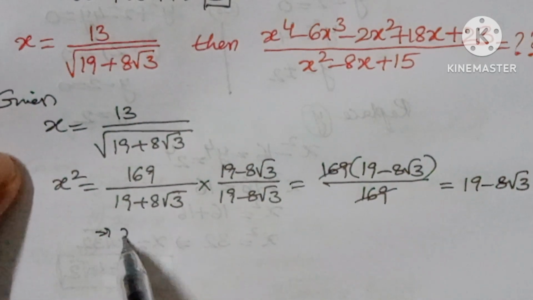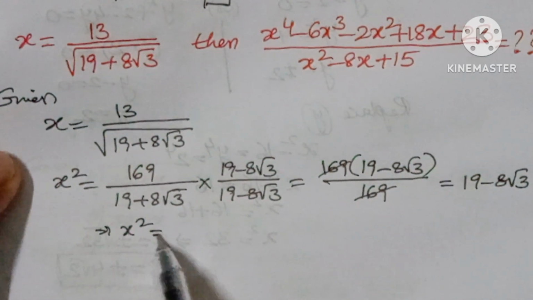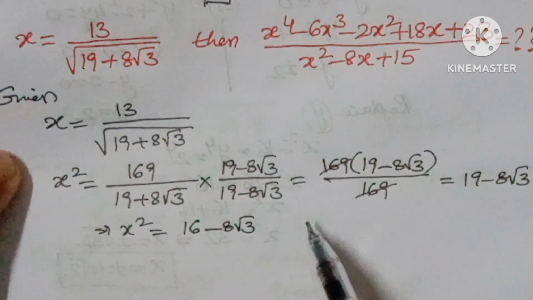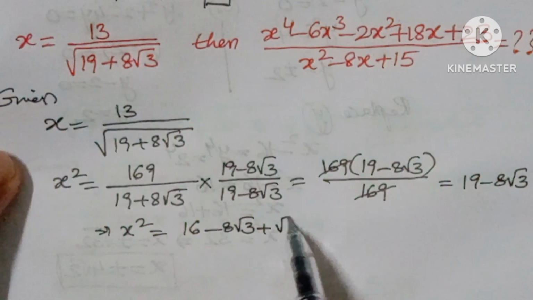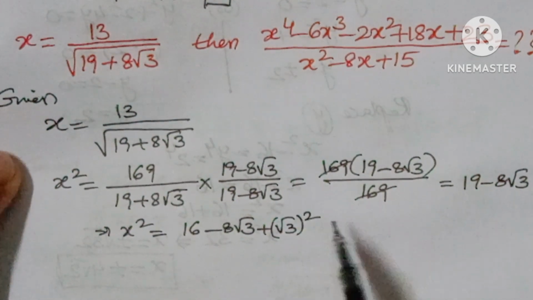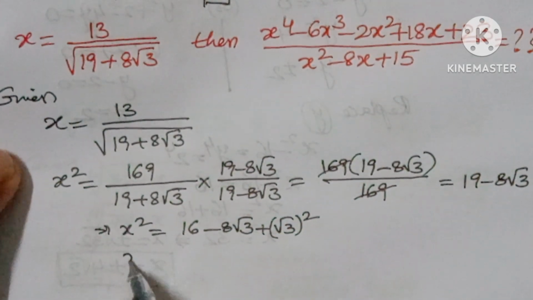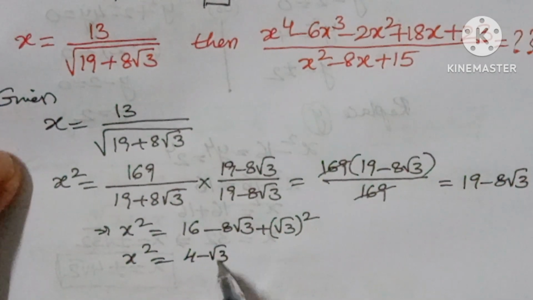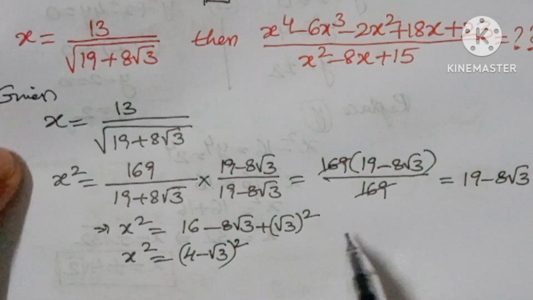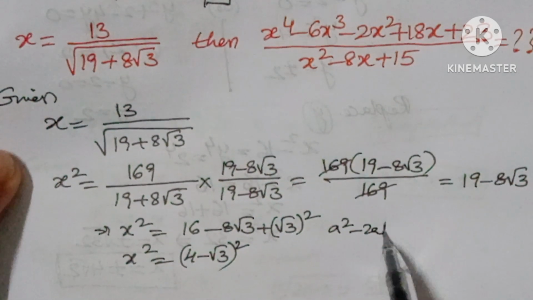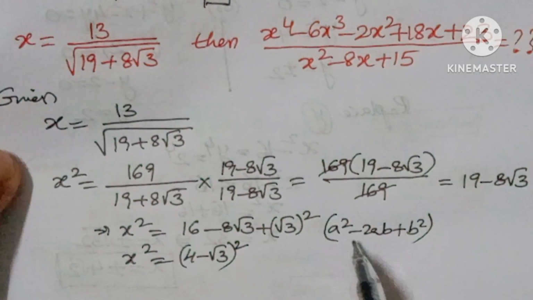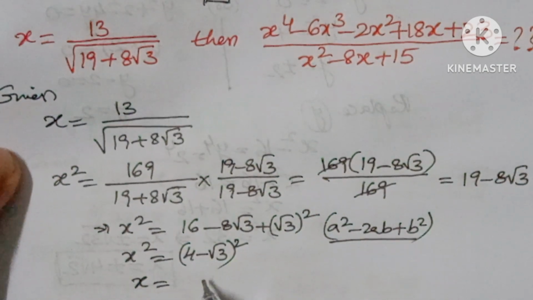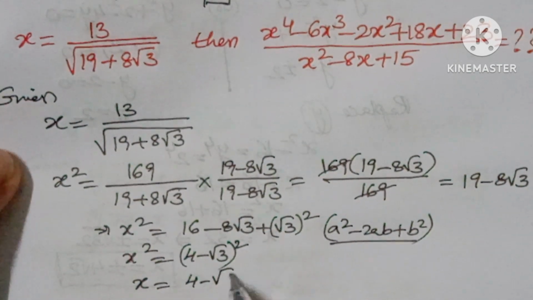So here x square is equal to, this can be written as 16 minus 8 root 3 plus root 3 whole square. So x square can be written as 4 minus root 3 whole square. Here you are using the formula a square minus 2ab plus b square. So that value will get, therefore x is equal to 4 minus root 3.